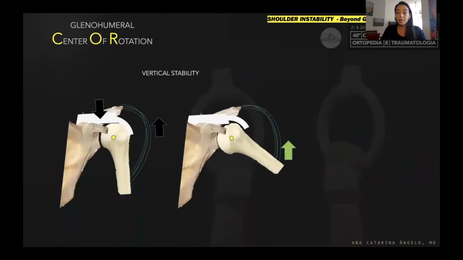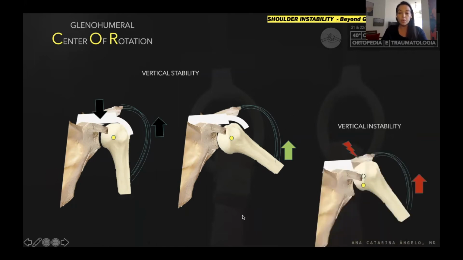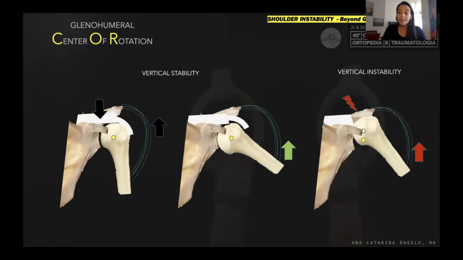For example, in the vertical stability, you have the deltoid that pulls the head of the humerus up, and the superior rotator cuff and capsule that push the head of the humerus down. So you can have this movement. When you have a rotator cuff tear or a capsular tear, you have a vertical instability. This can begin very small with a small tear and can progress to a rotator cuff arthropathy, for example.